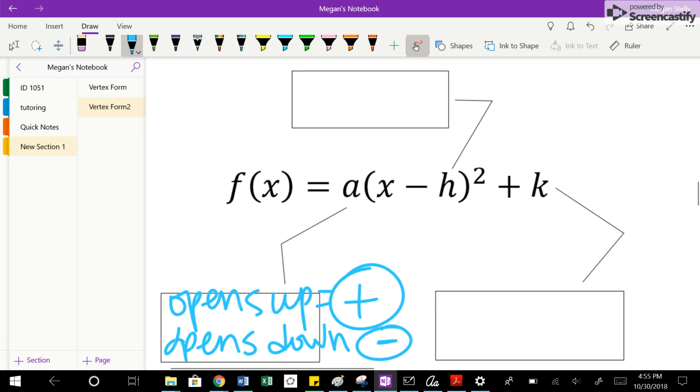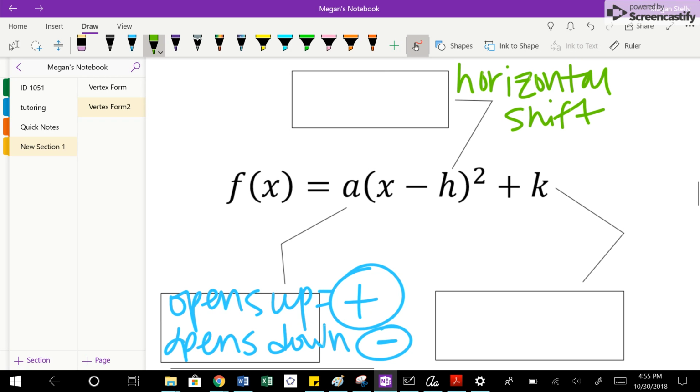h is a little bit more tricky. h stands for the horizontal shift. Does it move left or right? And I'm going to do this one in a different color. So horizontal shift. Now, the tricky thing about the horizontal shift is for h, you want to make sure you take the opposite.